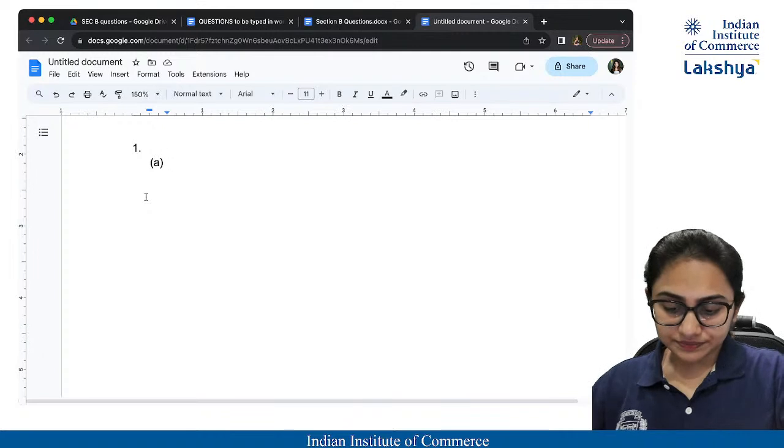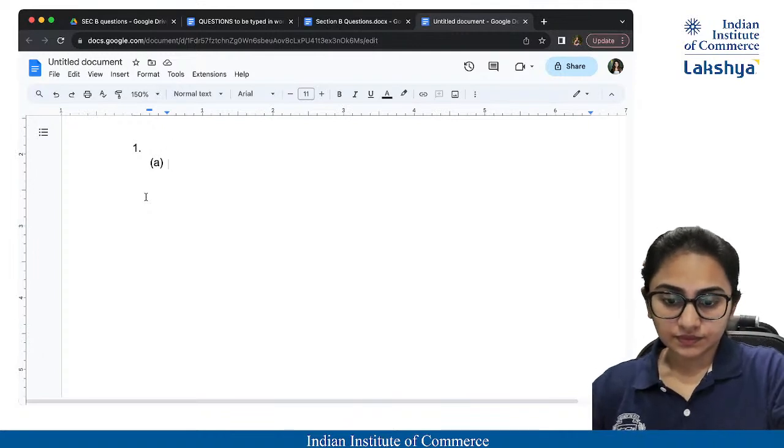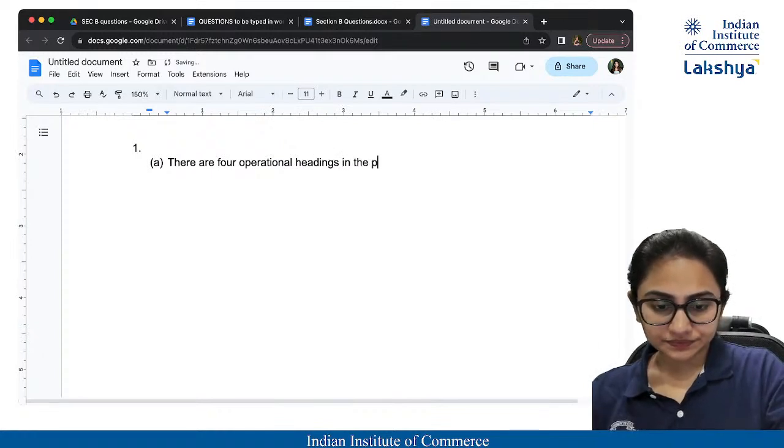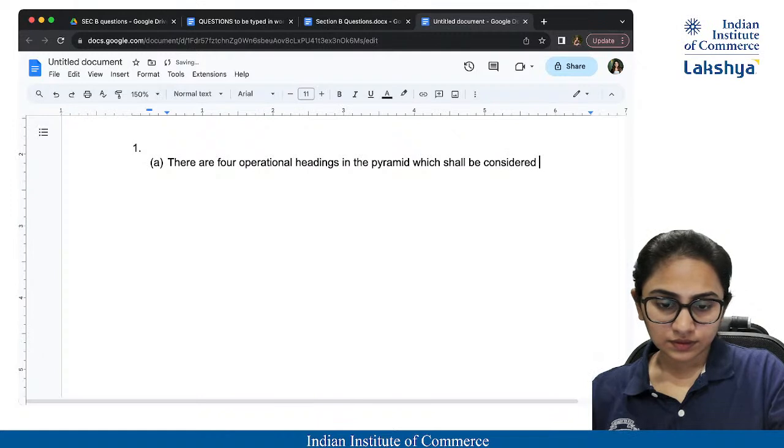So write down: there are 4 operational headings in the pyramid, which shall be considered in turn.